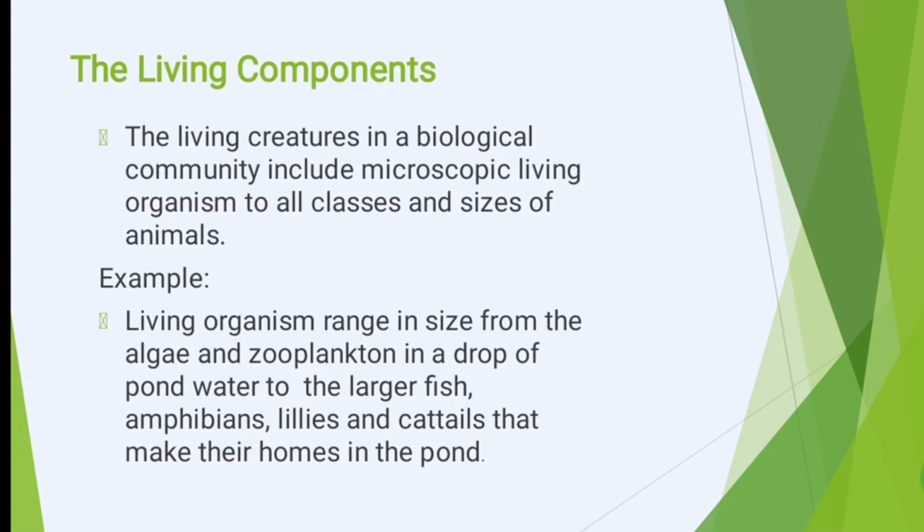The living components. The living creatures in a biological community include microscopic living organisms to all classes and sizes of animals. Example: living organisms range in size from the algae and zooplankton in a drop of pond water to the larger fish, amphibians, lilies, and cattle that make their homes in the pond.